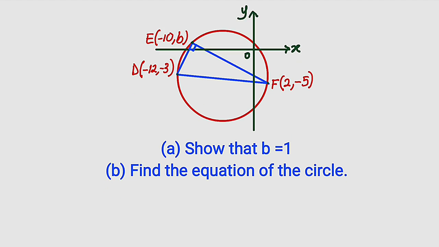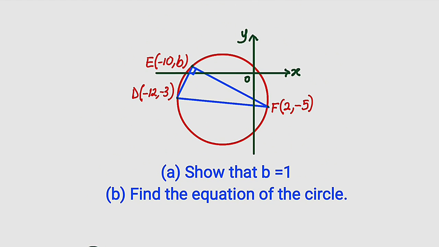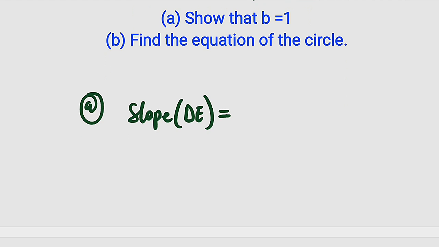Let's start with DE. We want to find the slope of line DE. Remember, it is always equal to y2 minus y1 divided by x2 minus x1, and you can start from either point. So let me start from E down to D. Y2 minus Y1, that is B minus 3, which is B plus 3 to the top.